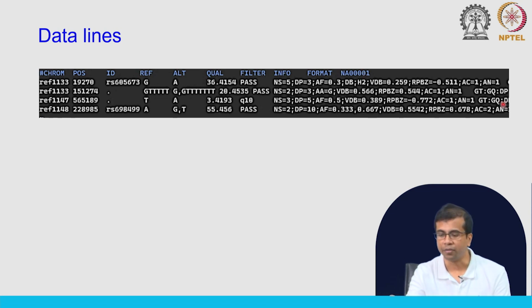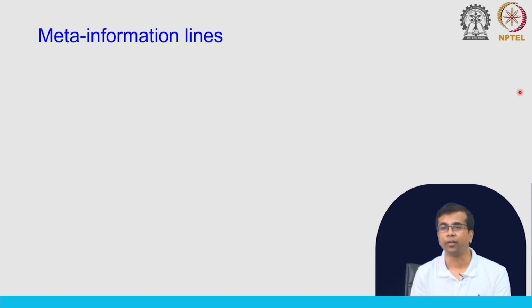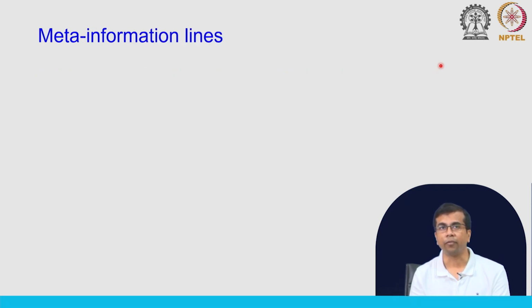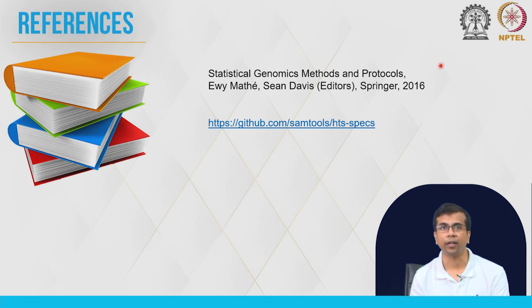So, this format GT, GQ, etc., that you can see partly, will actually be repeated for each sample that you have. So, if you have multiple samples, this information will be given for multiple samples. Then we will talk about the meta information lines in the next class, and then you will understand what the data lines actually contain.